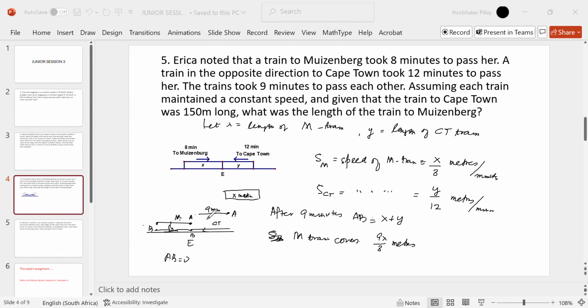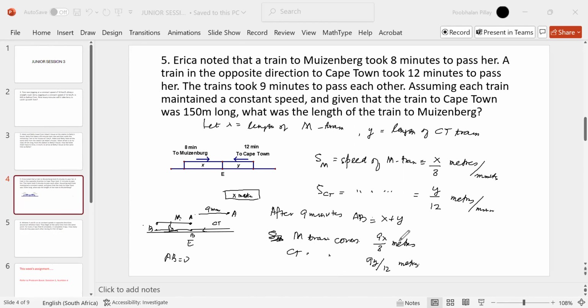The M train, this part here, right? While this Cape Town train is traveling at y over 12 meters in 1 minute, and in 9 minutes, it will travel 9y over 12 meters.